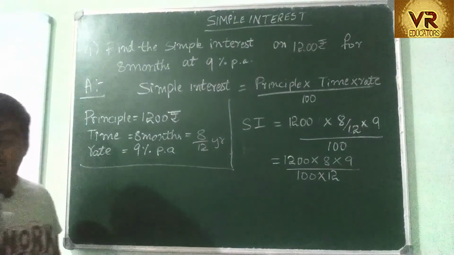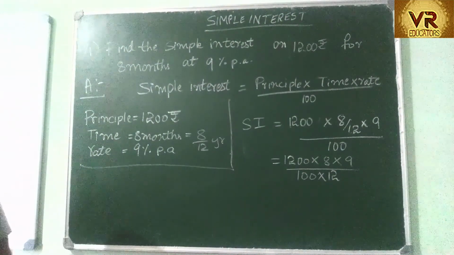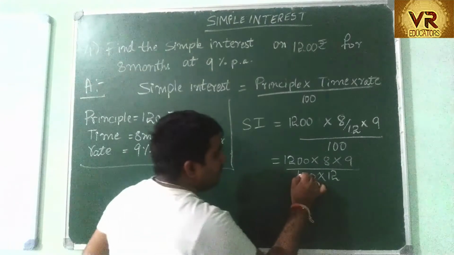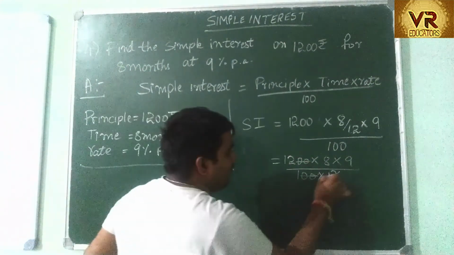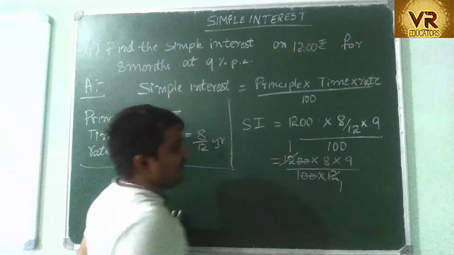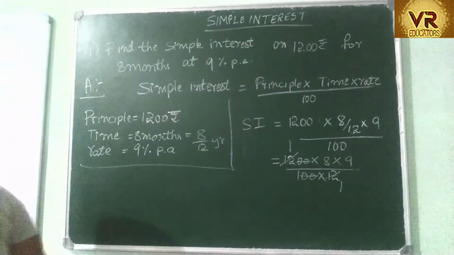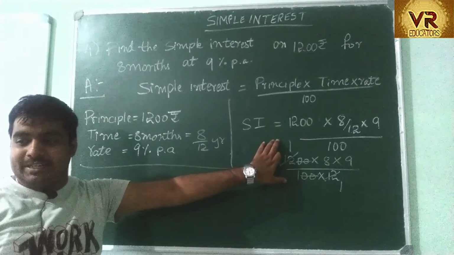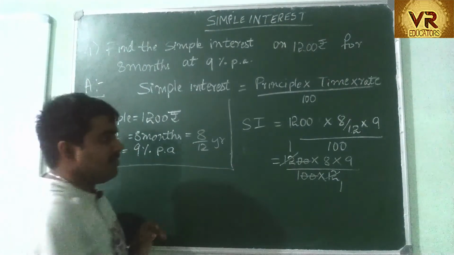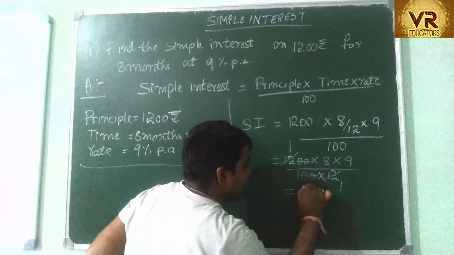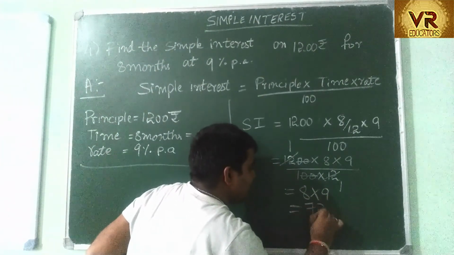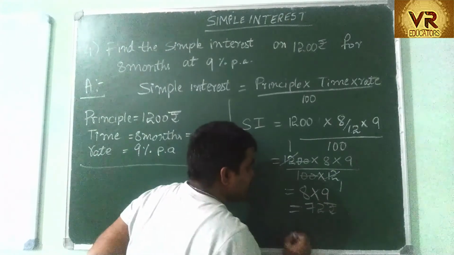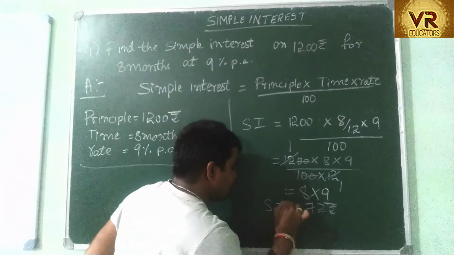This 100 will get cancelled against the 1200, and 12 ones are 12 in the numerator and the denominator. So what is remaining? 8 into 9. 9 8s are 72. 72 rupees is the simple interest.